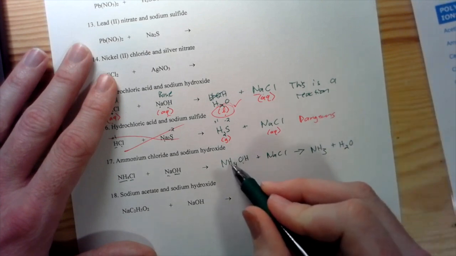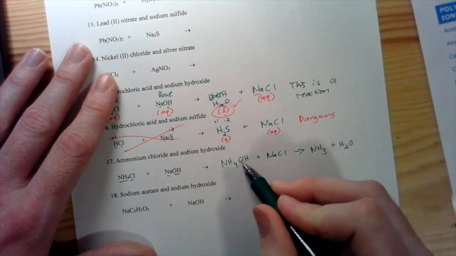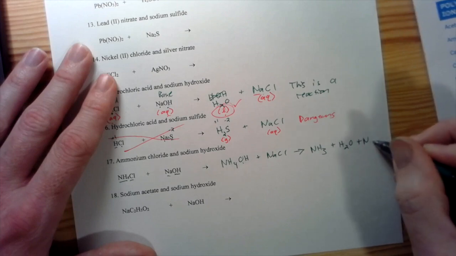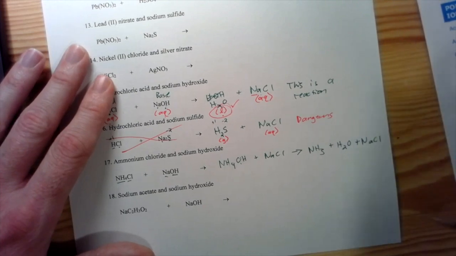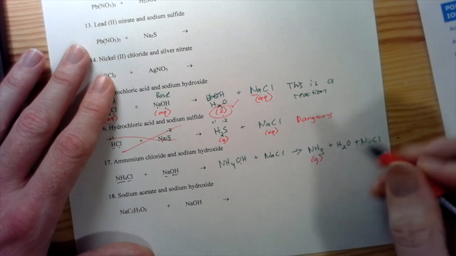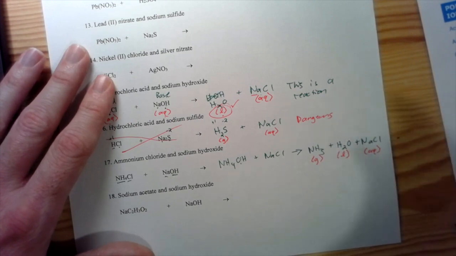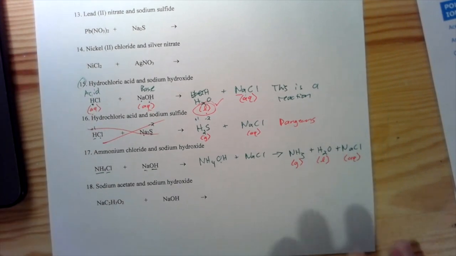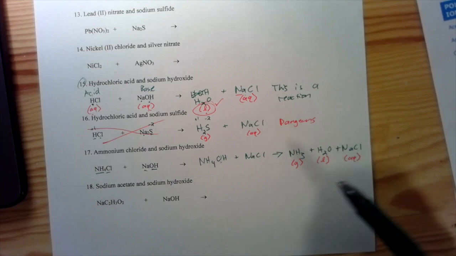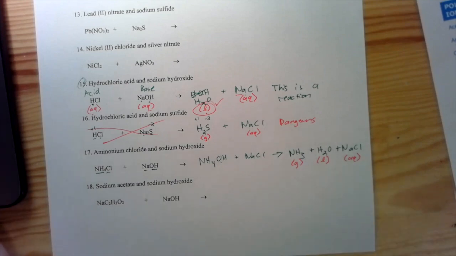It's just a fun fact. It will decompose into ammonia, NH3, and water. Okay, one of these hydrogens will pull off and join this, and then we'll still have that salt left. Now, ammonia is a gas, water is a liquid, and then sodium chloride is aqueous.